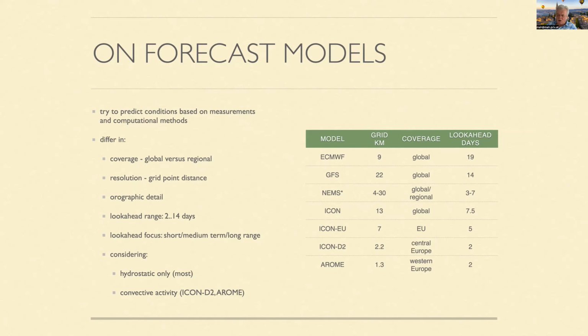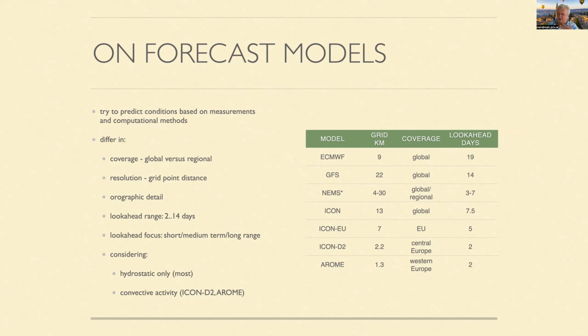As a general rule, if you're looking for a short-term forecast, for instance, looking at takeoff conditions for next morning, you would typically look at short-term high-resolution models. So you take Icon D2 or Arome, if you can get it for your area.